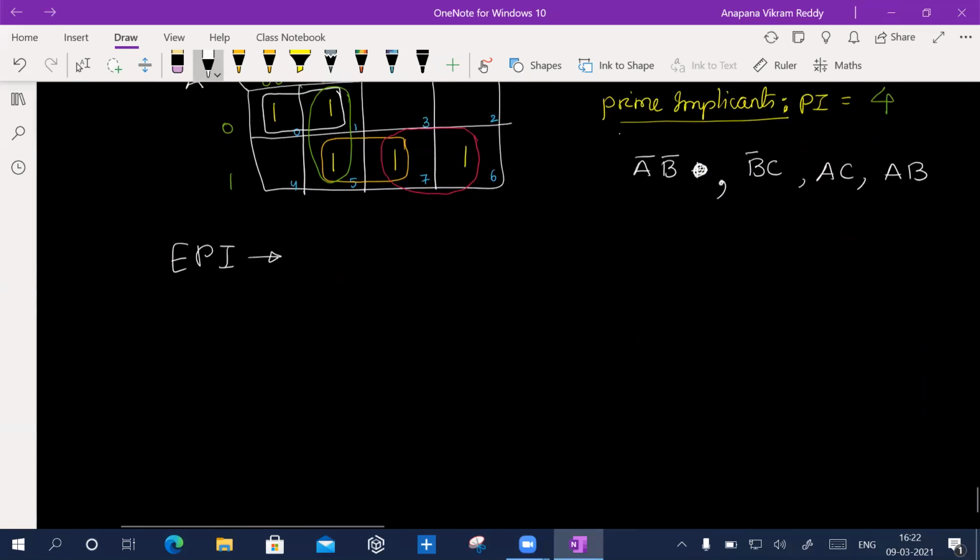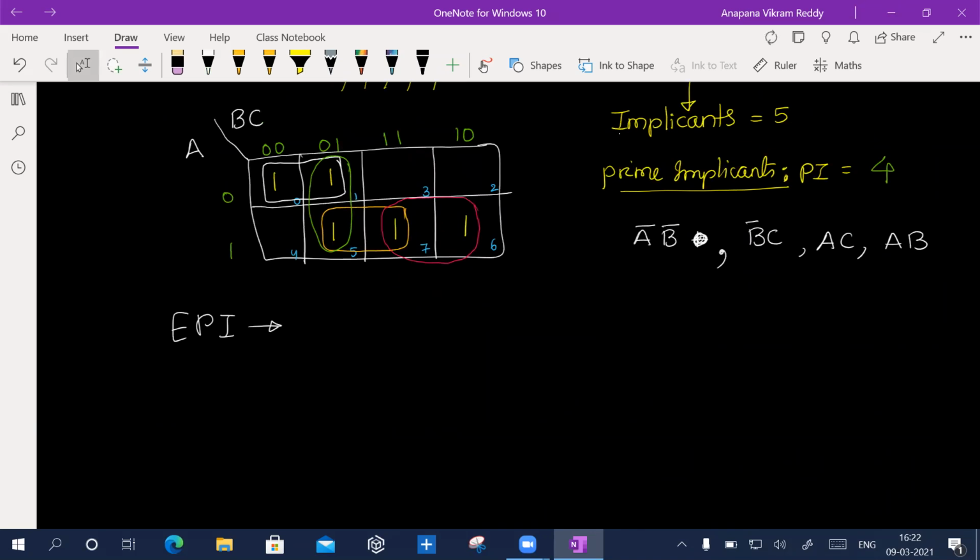Now you tell me what those are. Now you have 4 PIs. Out of 4 PIs, how many EPIs can you choose now? 2, very good. And what are those two? One is A complement B complement, and the other is AB.